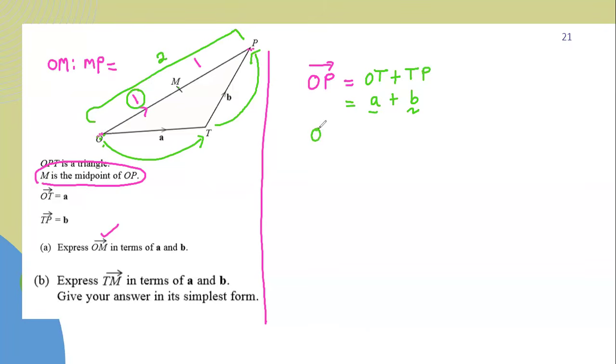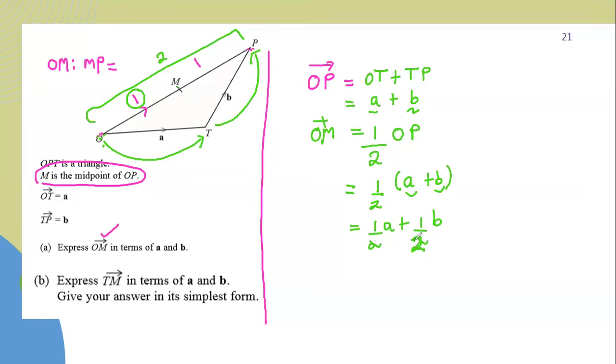So that means that O to M is going to be one part of the two parts that make up the line O to P. And now that one will equal 1 out of 2 in brackets A plus vector B. Someone who wants may still write it as 1 out of 2 A plus 1 out of 2 B. Someone can write it like that. So that is our vector.